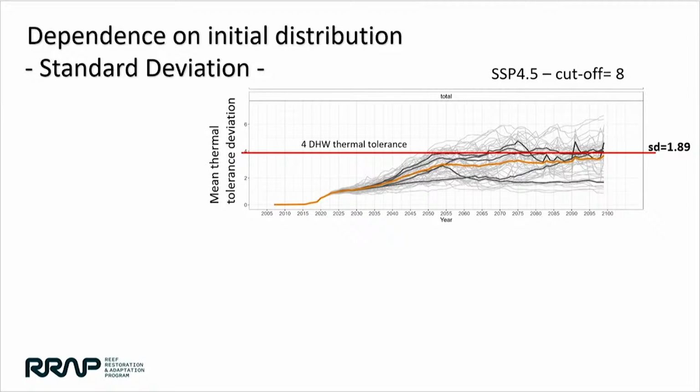On the y-axis, we have the thermal tolerance deviation. So that relates to our thermal tolerance classes. You might notice we only have the positive ones there, not the negative ones. They were in the model, they just didn't become dominant. So I just cut them off the graph, because as you can imagine, thermal tolerance is not going to go down. And so you can see here, with a standard deviation of 1.89, we can reach about 4 degree heating week thermal tolerance by the end of the century, or an increase of 4 degrees thermal tolerance.